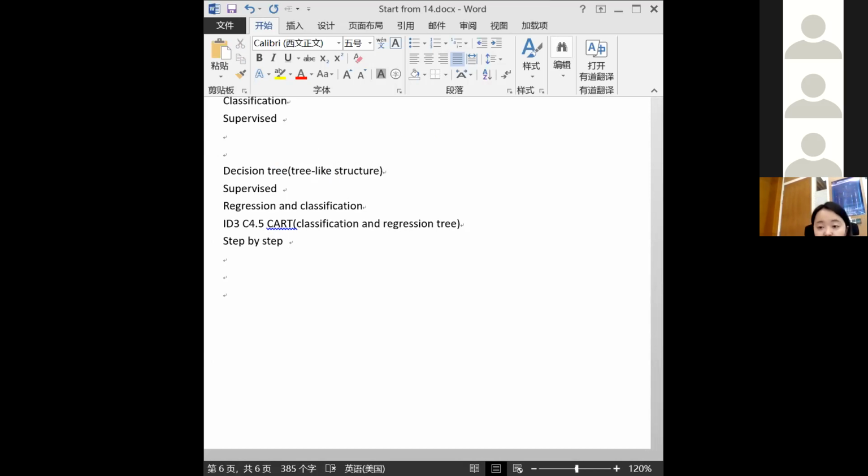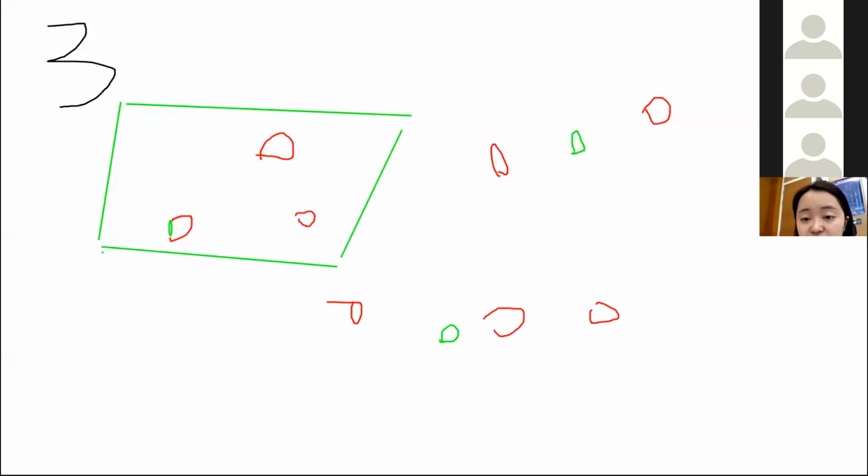It's a tree-like structure model, and it's a model to make decisions, and we can decompose the data into a lot of subtrees. So maybe you can see some examples.